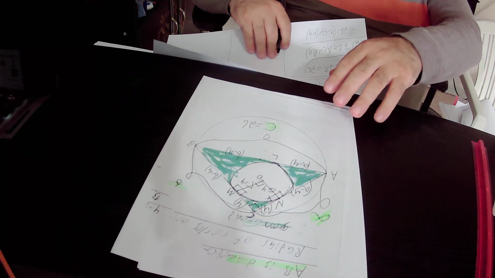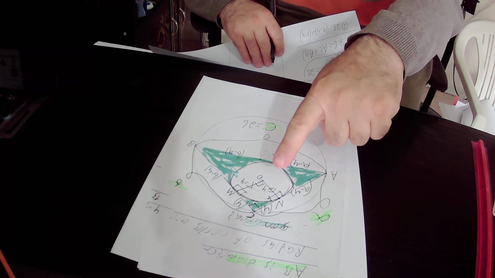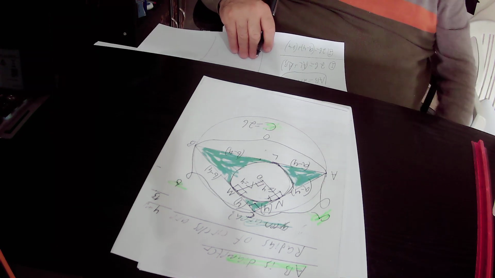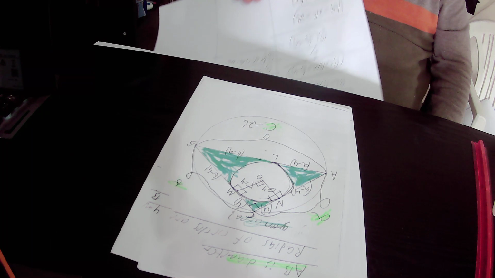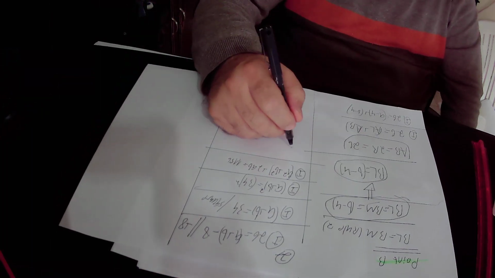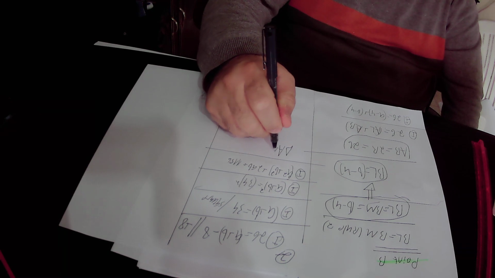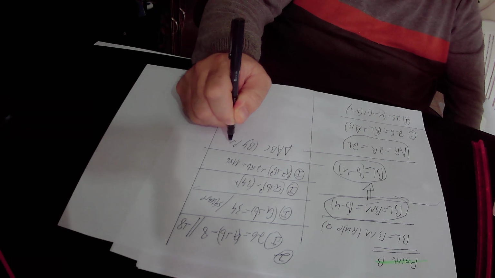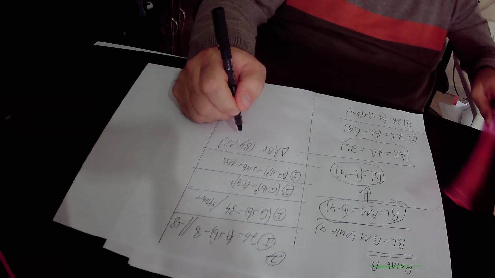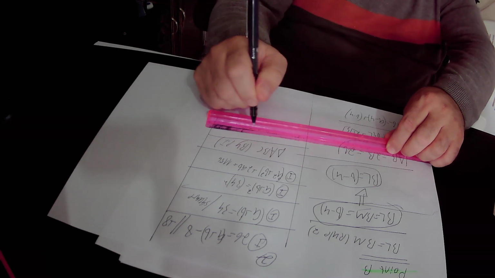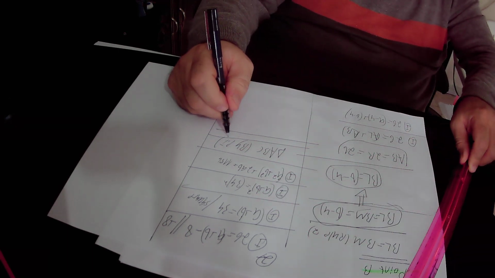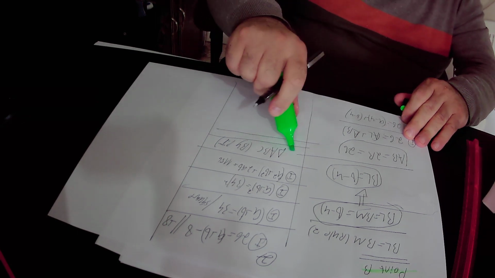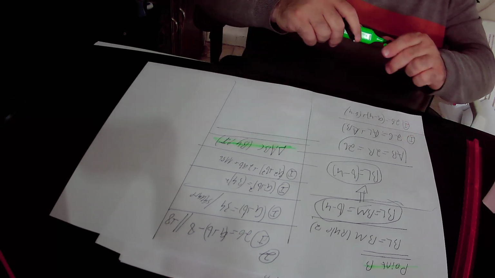Actually, we know that triangle ABC is the right triangle because angle ACB equals 90 degrees. So we can implement the Pythagoras theorem in the right triangle ABC. So, in the right triangle ABC, by the Pythagoras theorem, we get that the square of the hypotenuse equals the sum of the squares of the perpendiculars.